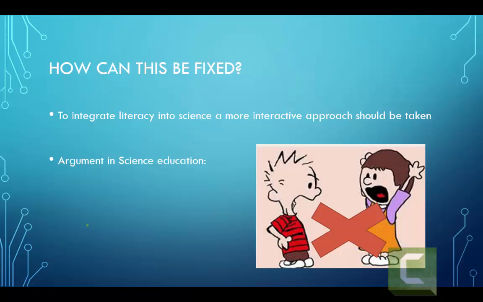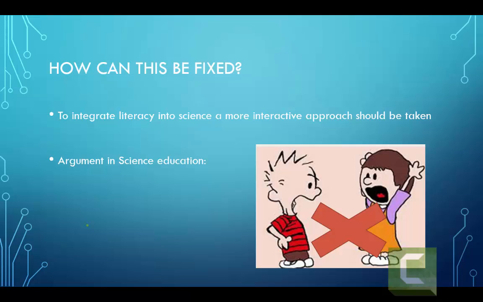To integrate literacy into the science curriculum, a more interactive approach should be taken. And how do we do this? The authors view argument as an essential part of this. When you think of the word argument, many people automatically think of what you're looking at in this picture here, where there's just a few people quarreling with each other.